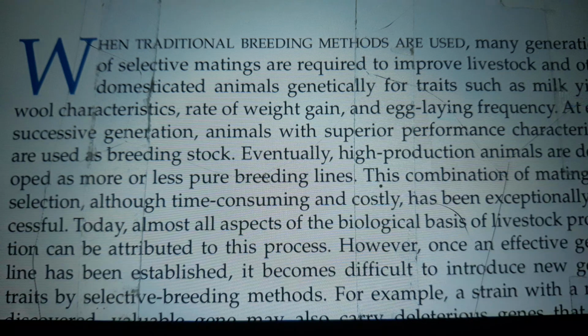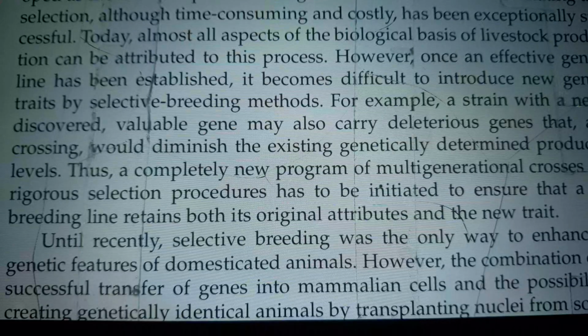Eventually, high production animals are developed as more or less pure breeding lines. This combination of mating and selection, although time-consuming and costly, has been exceptionally successful. Today, almost all aspects of the biological basis of livestock production can be attributed to this process.